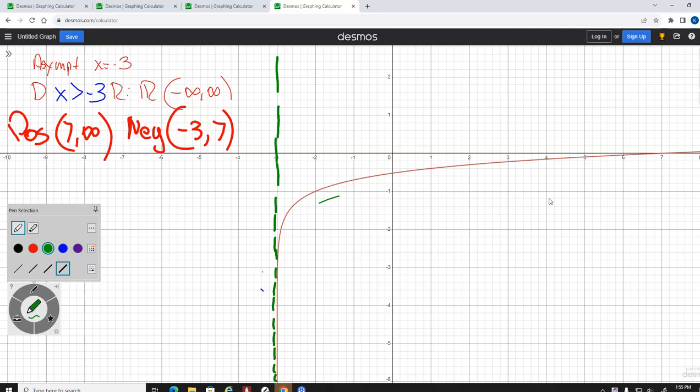Now we can talk about increase, decrease. Again, this function is increasing, going from left to right. Okay, so increase is going to be from your asymptote, which is negative 3, toward positive infinity. Okay, that's the range or section that is increasing. Now, it is not decreasing, so decreasing will be NA. And now end behavior.